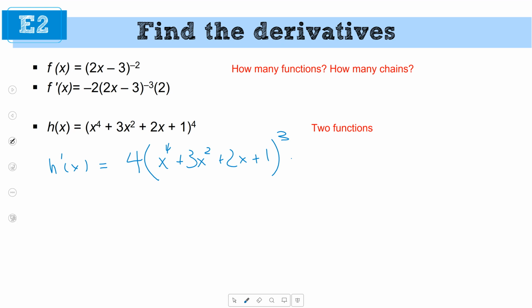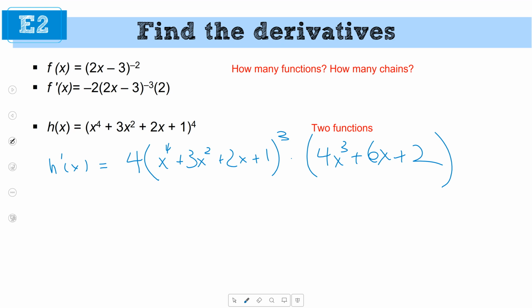Take the derivative of the inside layer of the onion. 4x to the third plus 6x plus 2. Okay, we good? No, we're not. What's wrong with that? Parentheses. Atlas says with some spite. You seem very angry that I missed my parentheses. I did it purposely, you know. Okay, good.